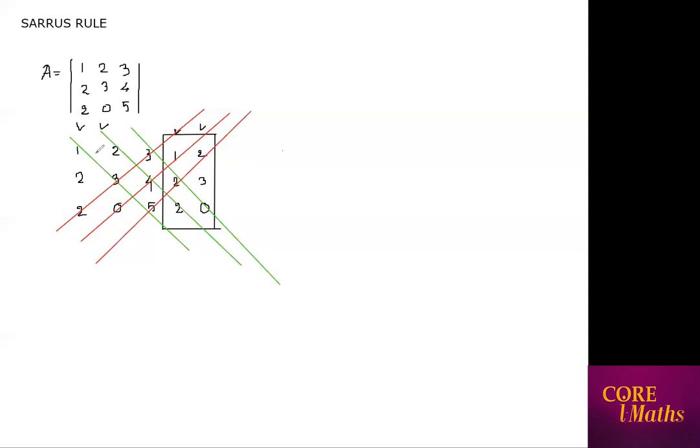So what you have to do is find the product of these elements. So what are the products? 1 into 3 into 5. In the first diagonal, the product is 15.